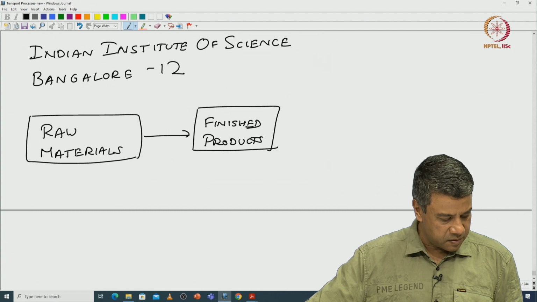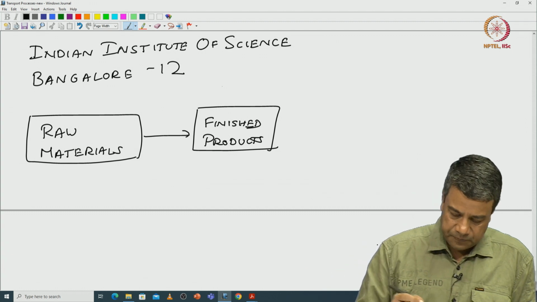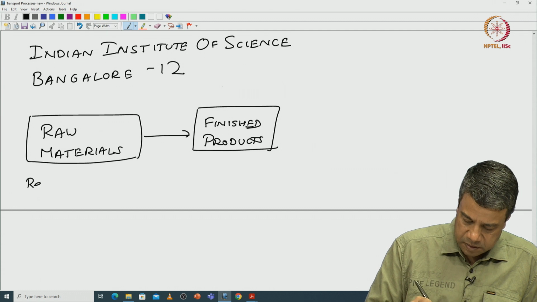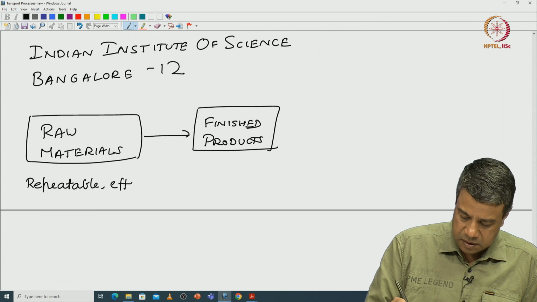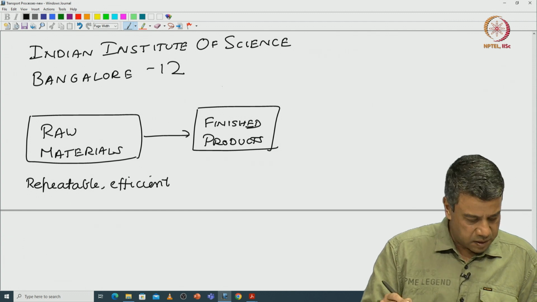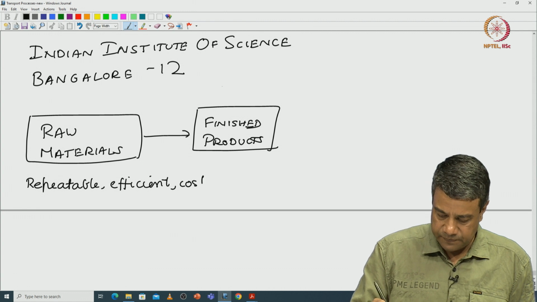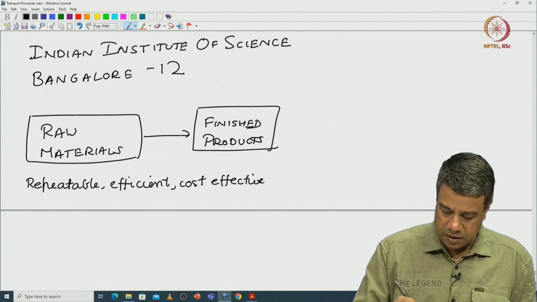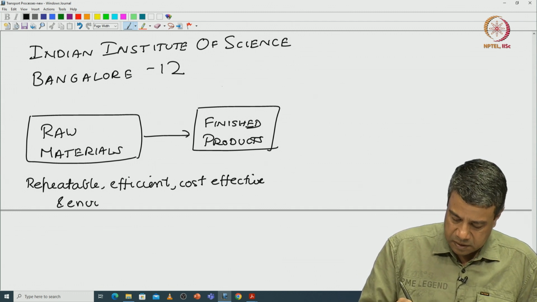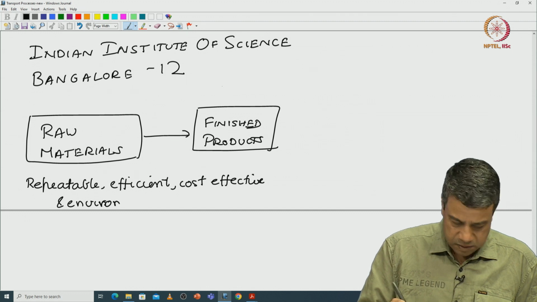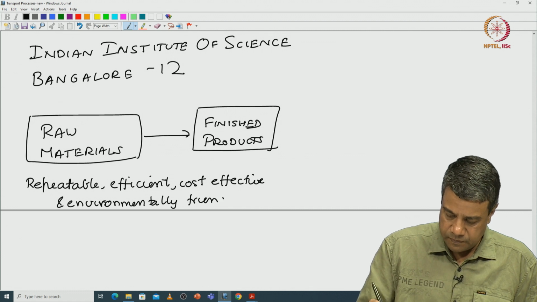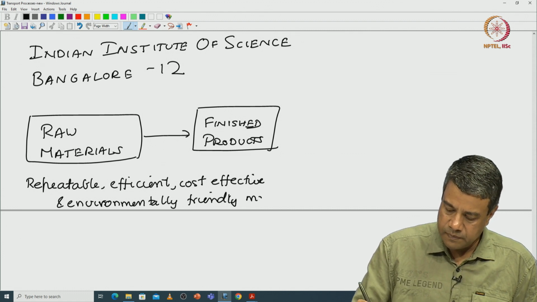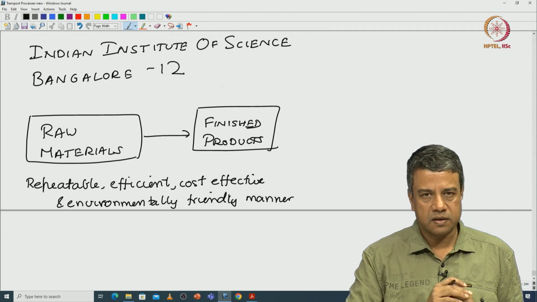And this transformation we would like to do in a repeatable, efficient, cost effective, and environmentally friendly manner. That is the objective.